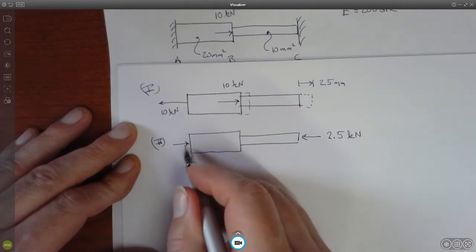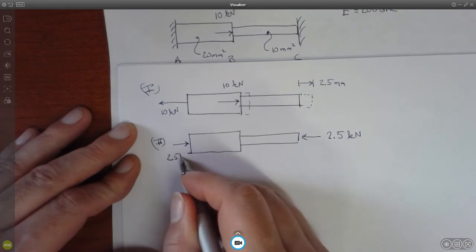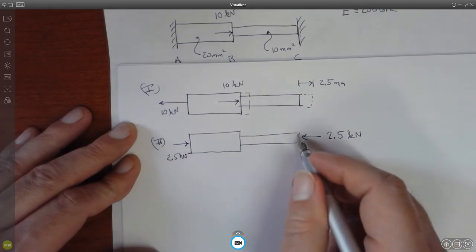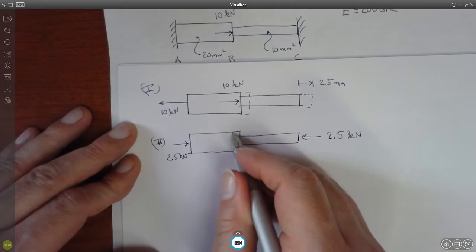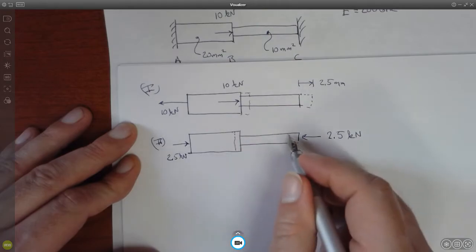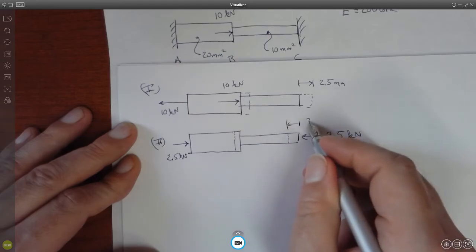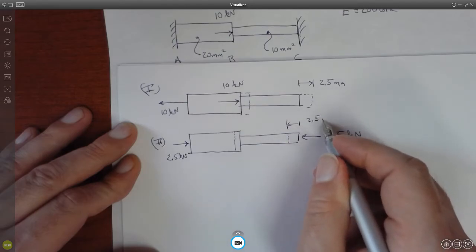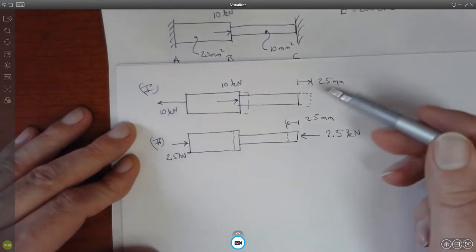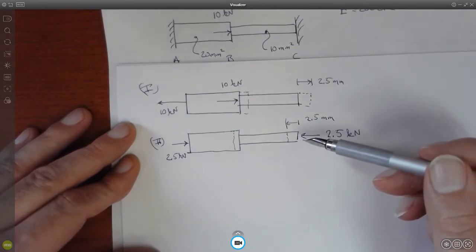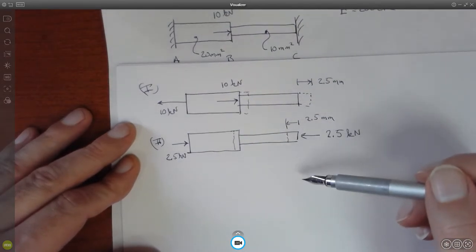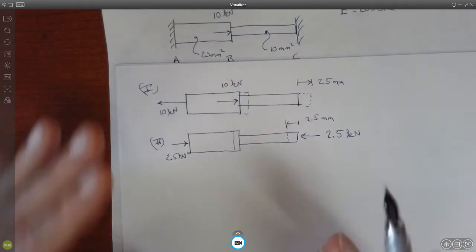And that means that we'll have the reaction force in this case at 2.5 kilonewtons. That this will have the effect of compressing this back 2.5 millimeters. So when you superimpose these two, the net elongation is 0. So it fits in those fixed walls.